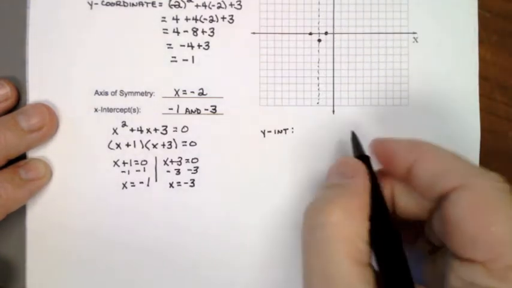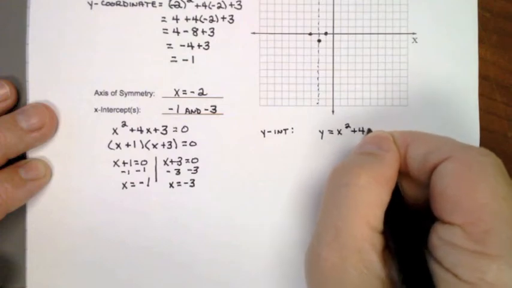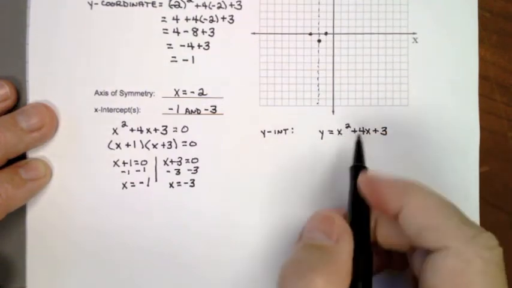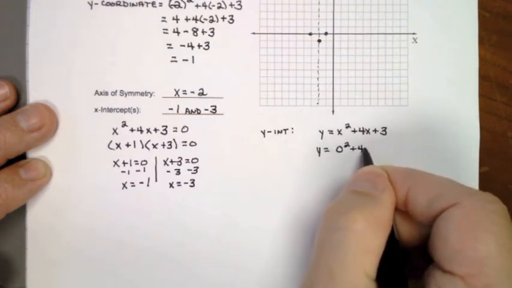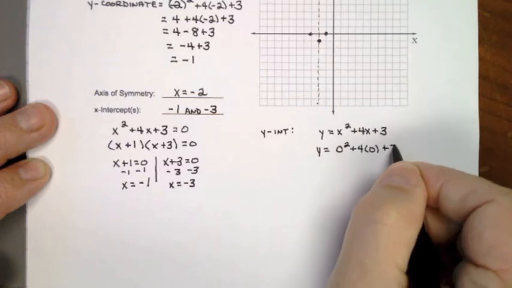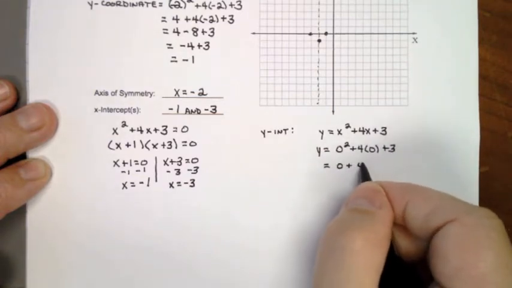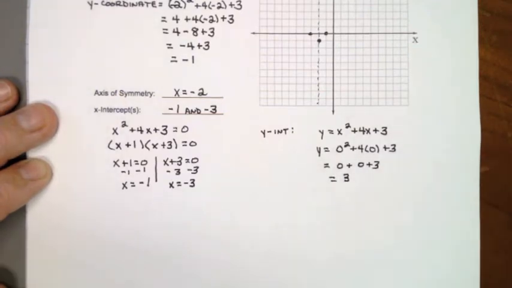So what I can do is I can go y is equal to x squared plus 4x plus 3. I can plug in 0 in these spots. Y is equal to 0 squared plus 4 times 0 plus 3. That's 0, plus 0, plus 3. My y-intercept is going to be 3.